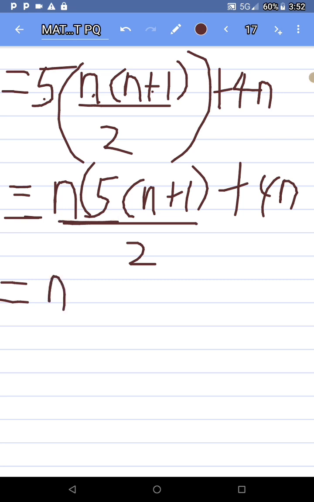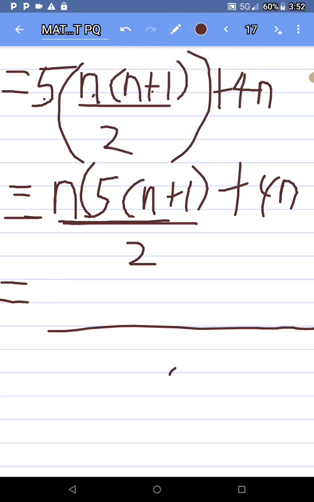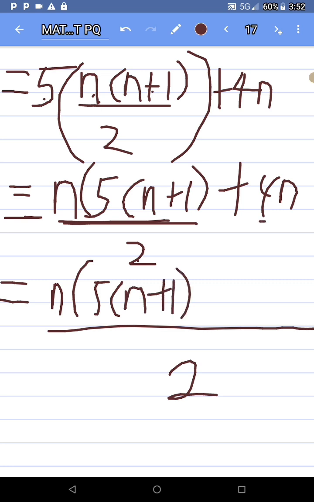Now make it a common denominator. Make it a common denominator 2, because there it was a common denominator. So 2 into 1, 1 times the whole of this, that will be n into 5 into n plus 1. Then this is the same as over 1, 1 into 2, 2 times this, 8n. So we continue.